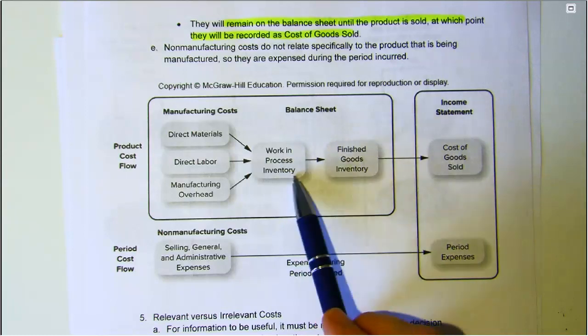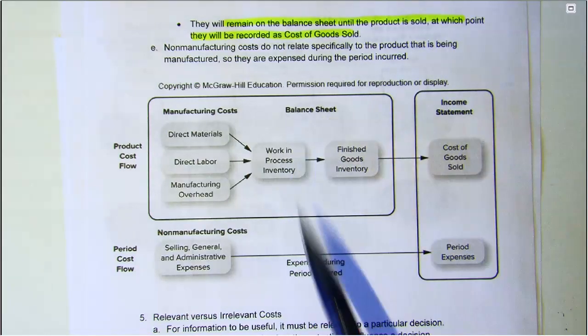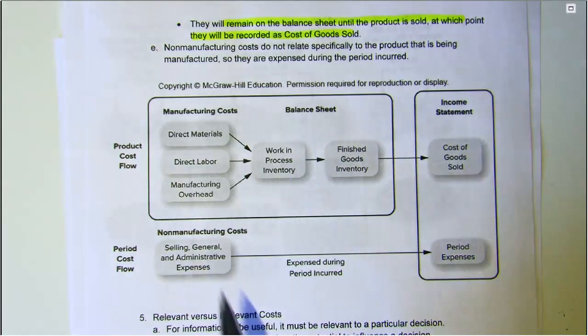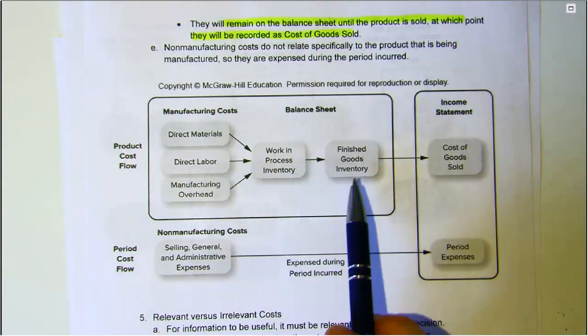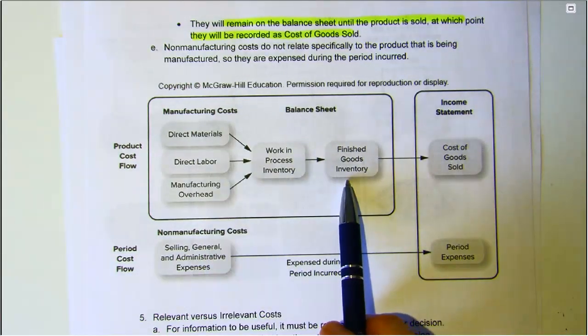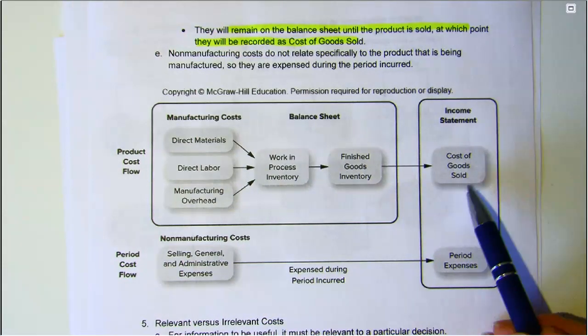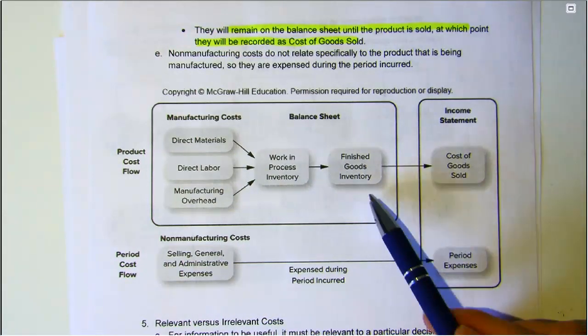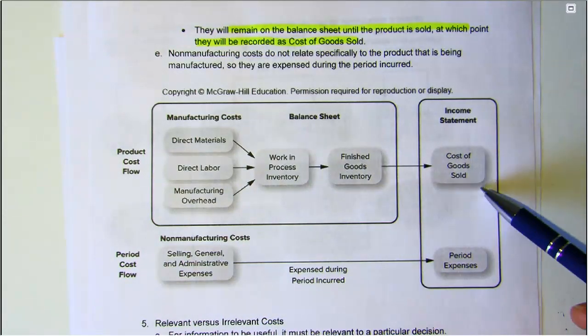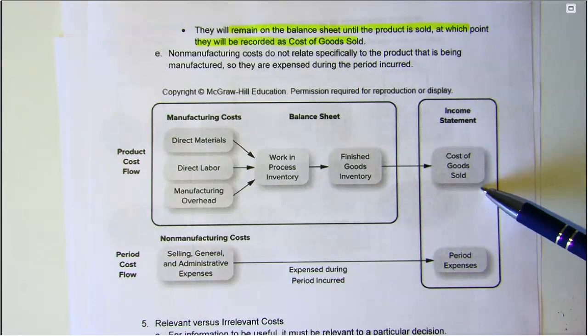Remember, inventory is an asset. It's reported on the balance sheet. So product costs are assets until they're sold. And then once sold, we debit cost of goods sold, we credit the finished goods inventory, and they are now on the income statement. The cost of goods sold is subtracted from the sales account to give us gross profit.